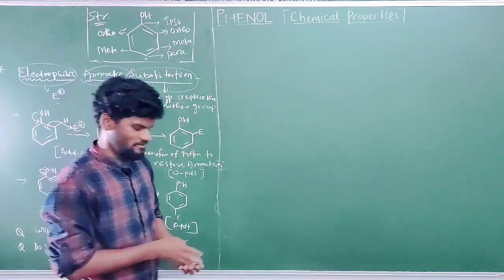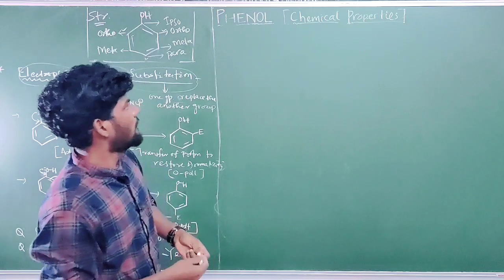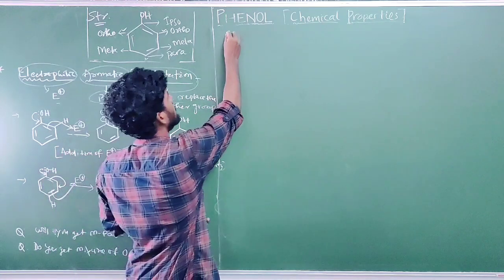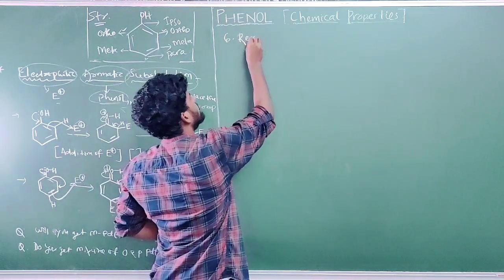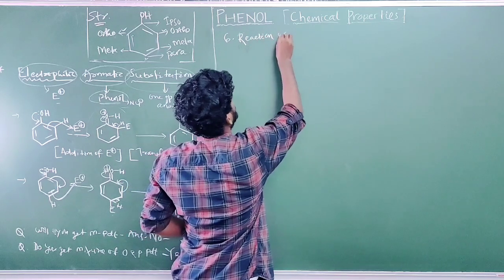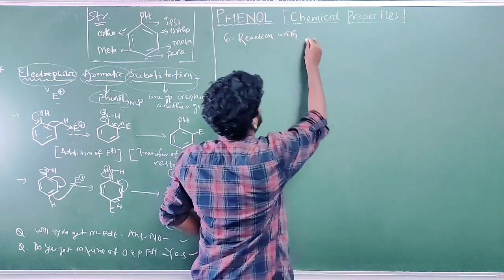So next we come to reaction number 6 of phenol: reaction with phthalic anhydride.